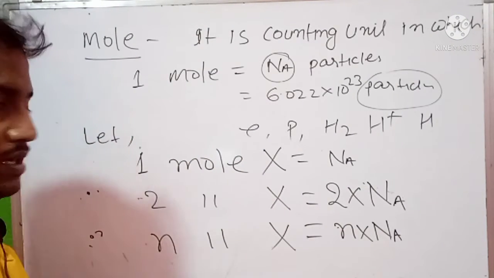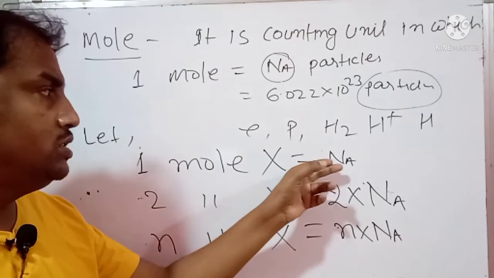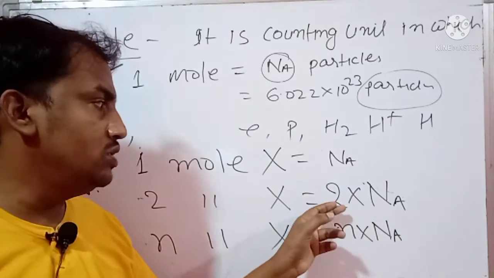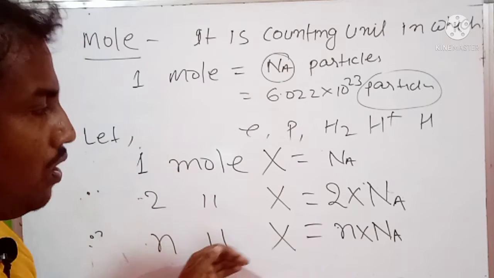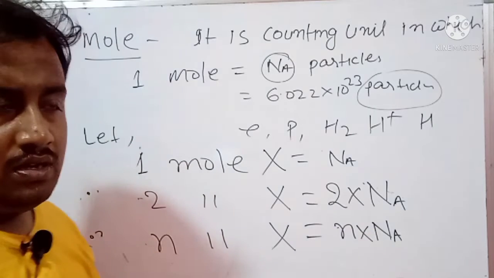1 mole of X particles is Na, 2 moles of X particles is 2 into Na, and n moles of X is n into Na.